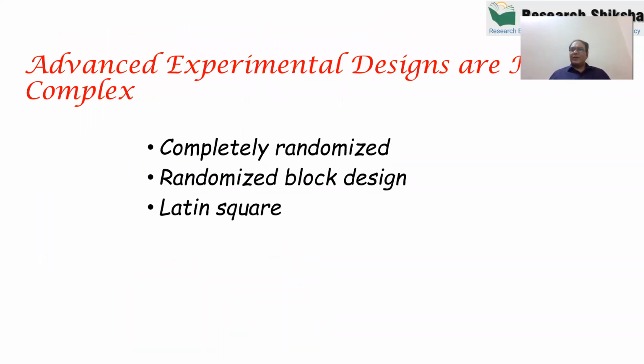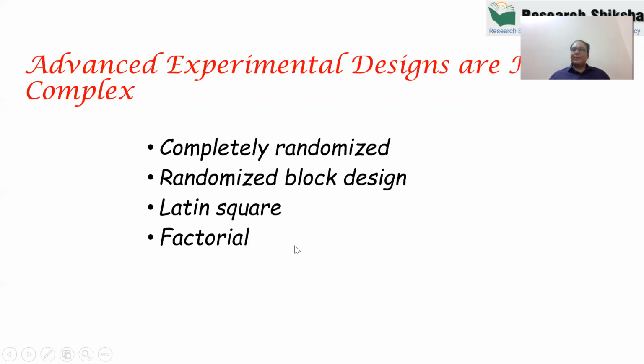After that, we have some very complicated designs, and we cannot cover these in this session because each design is quite complicated. But those who are interested in studying these advanced designs should read about them. We have 4 very complicated designs, like completely randomized block design, Latin square design, and factorial design.